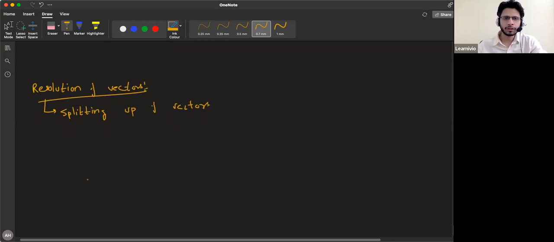So if you have a vector A, resolution means you split this vector A into two further vectors. You split this in terms of A1 and A2.